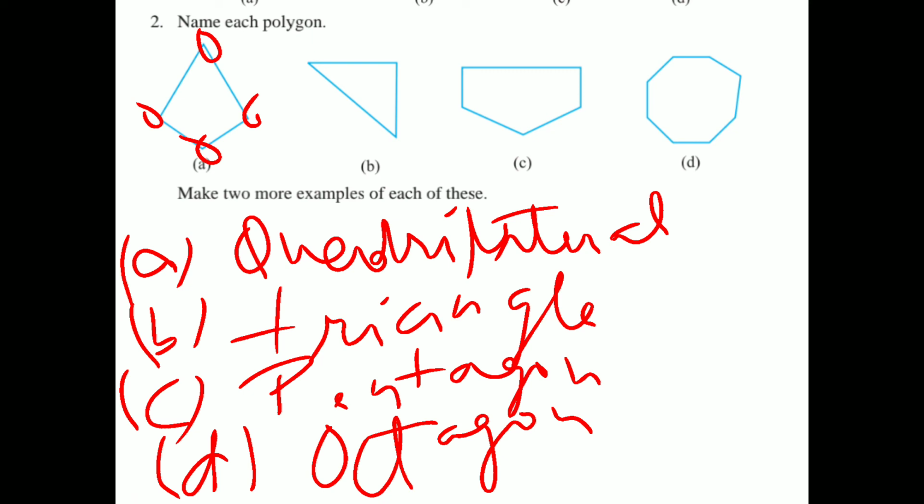After that we did polygons. In polygons we did different types: if it has 4 sides we call it quadrilateral, 3 sides triangle, 5 sides pentagon, 6 sides hexagon, and 8 sides octagon. Clear? So I hope you understand.